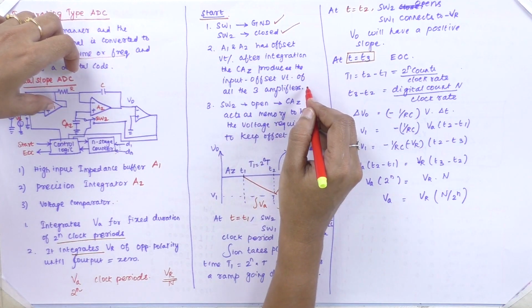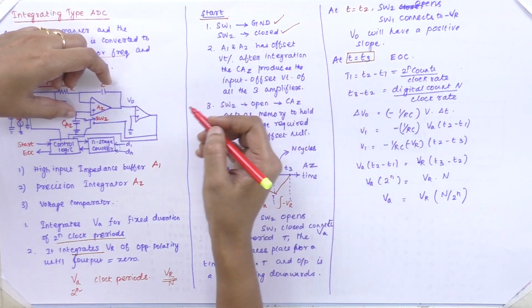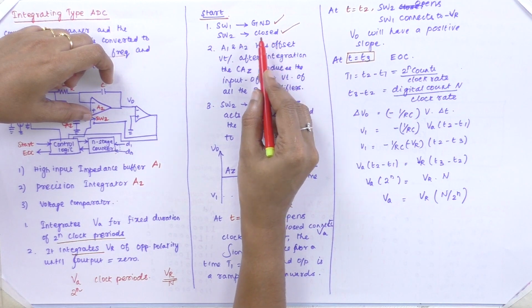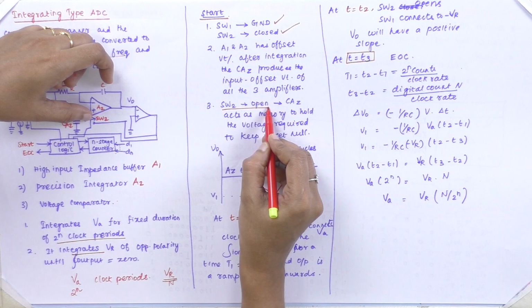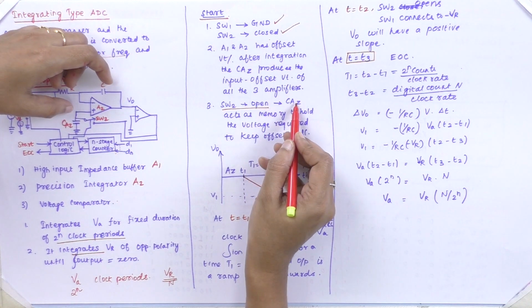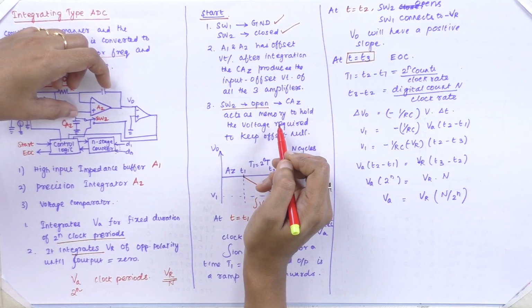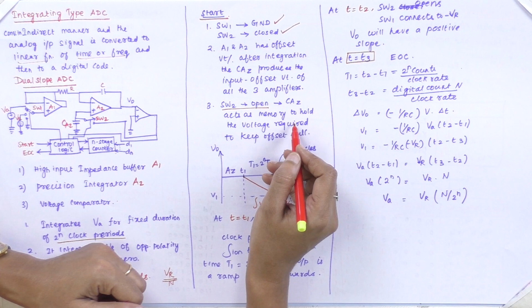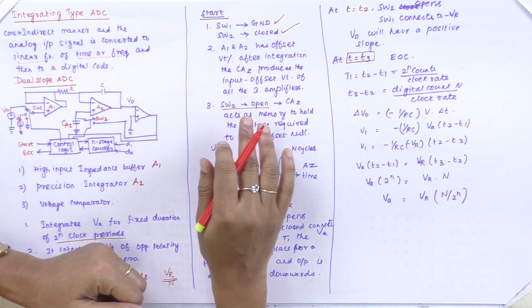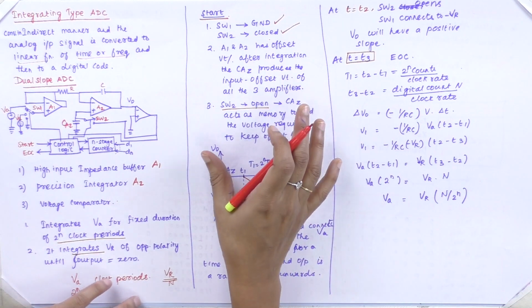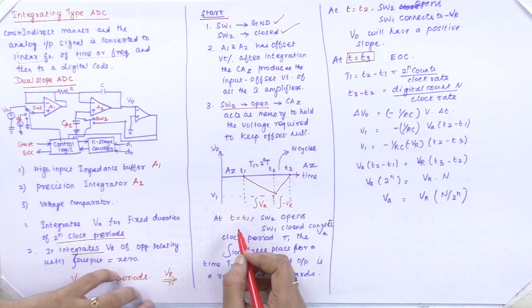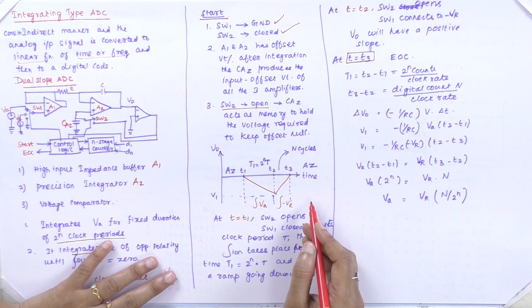In the second condition, SW2, which was closed earlier, gets opened, and then CAG acts as the memory to hold the voltage. It stores the value in memory to keep the offset null. Null means 0 voltage. Now I will explain this with the diagram.